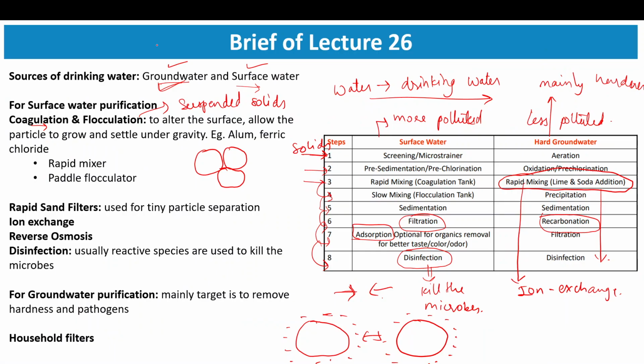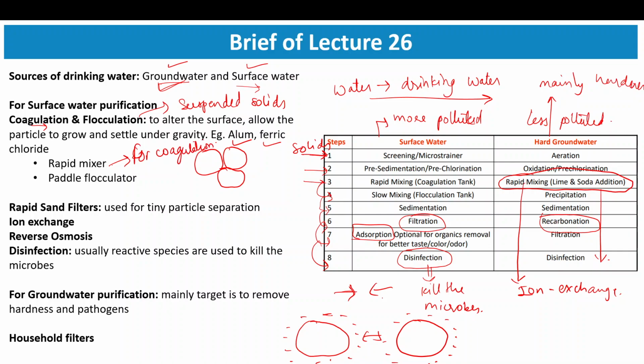Majorly, the coagulants that are used are alum, ferric chloride, and another salt, it can be ferrous sulfate as well. These are the kinds of salts or compounds used for coagulation. Coagulation is performed, as I said, with just a few seconds of mixing, which is known as a rapid mixer.